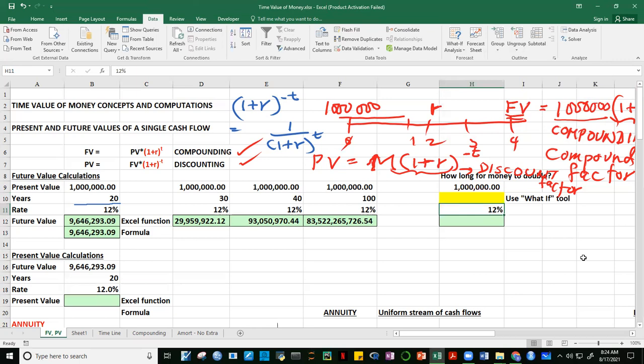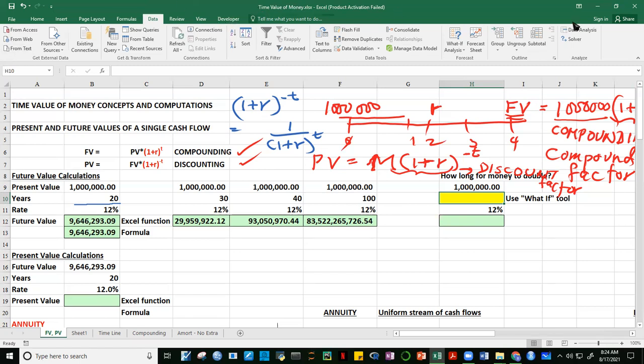Tapos ano? Hindi natin alam kasi guys kung ilan yung years, no? Yun nga hinahanap natin, how long. So paano 'yun? Any suggestion, guys? Paano natin i-goal seek to?